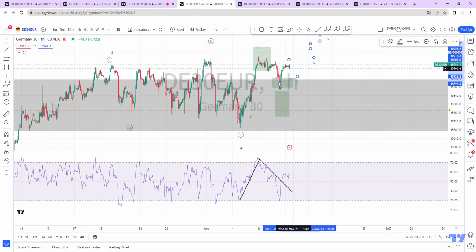So it might also be a possibility to enter here in this pullback, but then you're not really trading at the extremes. I prefer to trade at the extremes, which would be this here as an entry.